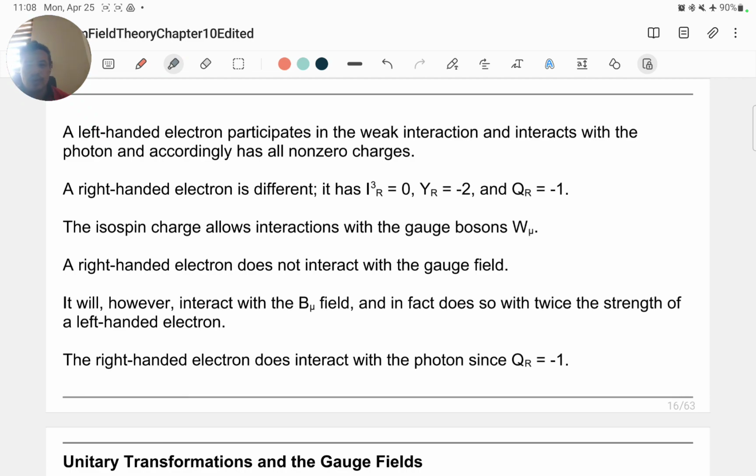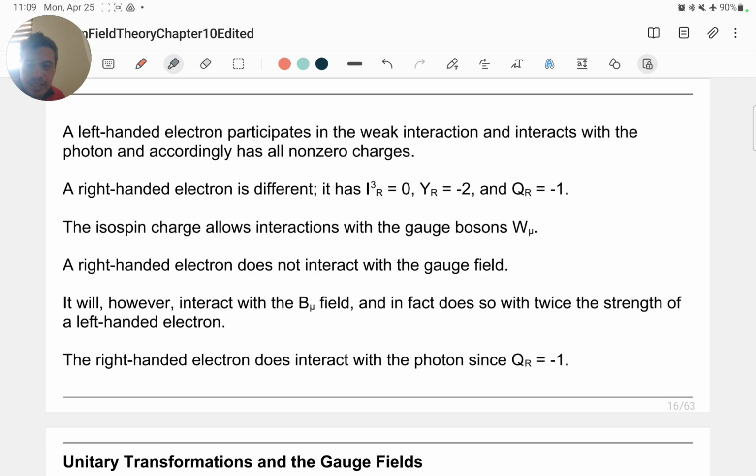The right-handed electron, however, has a weak isospin of 0, a weak hypercharge of -2 and a total charge of -1. The isospin charge allows a particle to interact with the gauge bosons W mu.